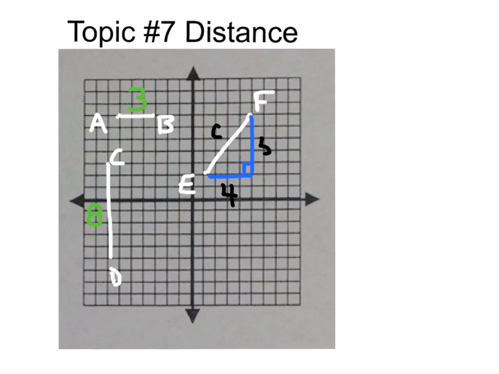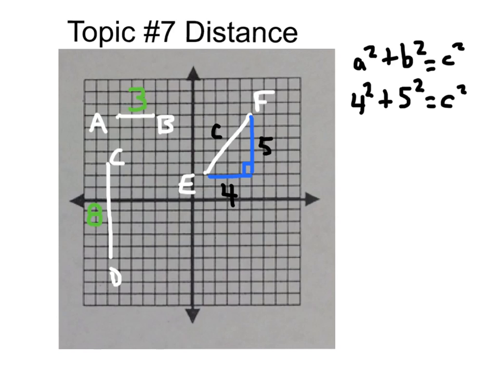So I can use the Pythagorean theorem to figure out how far it is from E to F. One of the legs of the triangle is 4, the other one's 5. I'd get 16 plus 25 is equal to c squared, and 41 is equal to c squared.